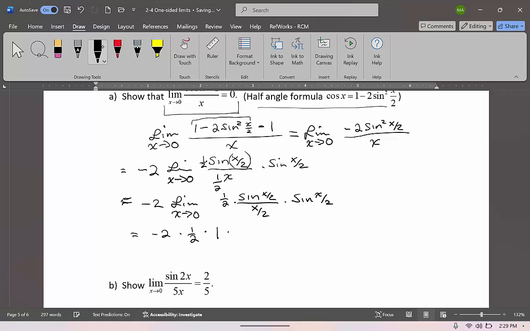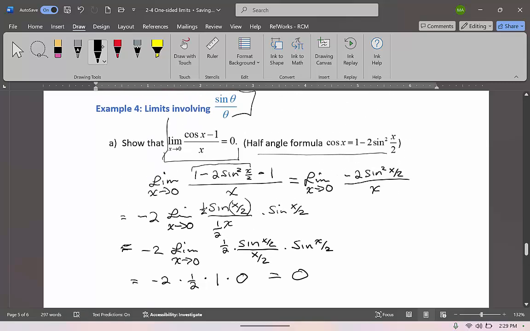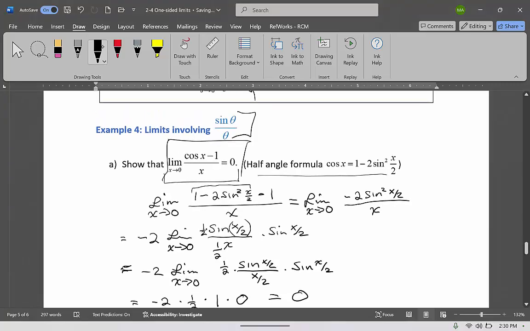And then times the sine of x over 2, as x approaches 0, that's going to be the sine of 0, which is 0. And therefore, this whole limit turns out to be 0, which is what we were asked to show. Okay?